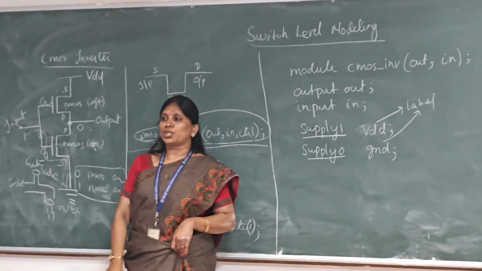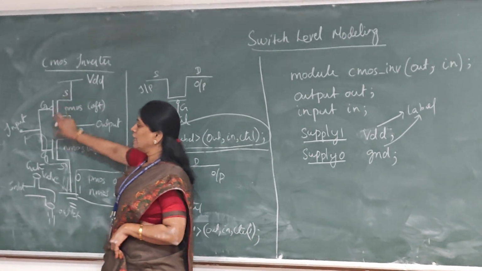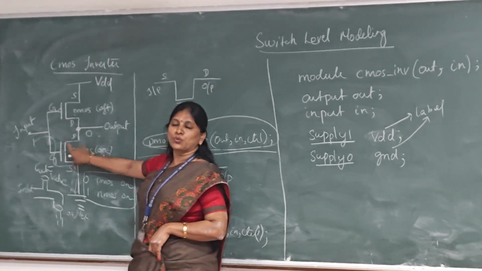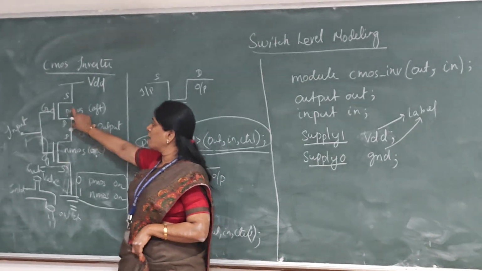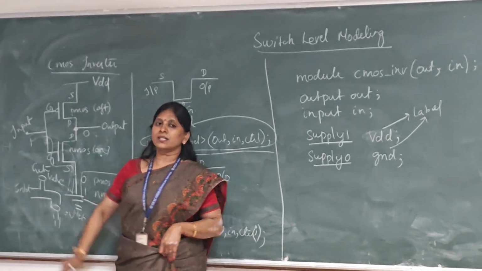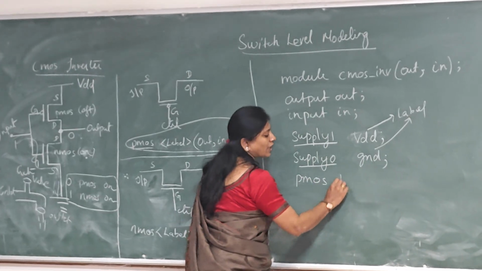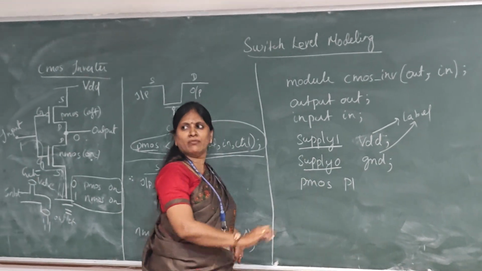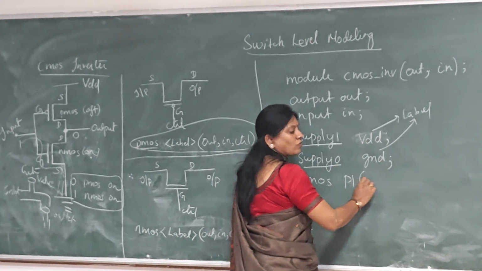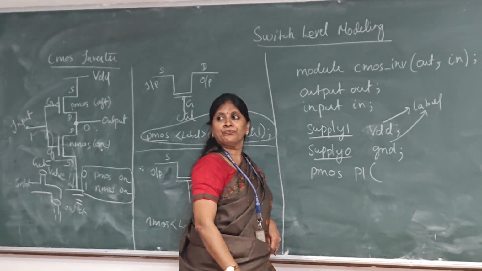Then what you have to do? You have to write the code for the two transistors. For PMOS you write PMOS, then give the label, any label, P1. What order do you follow?